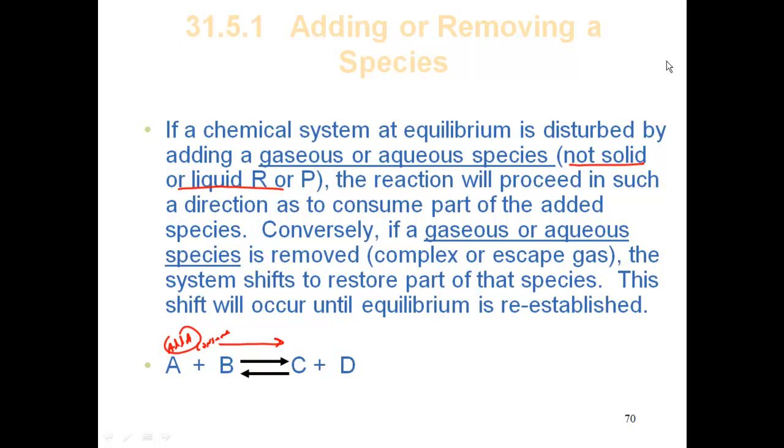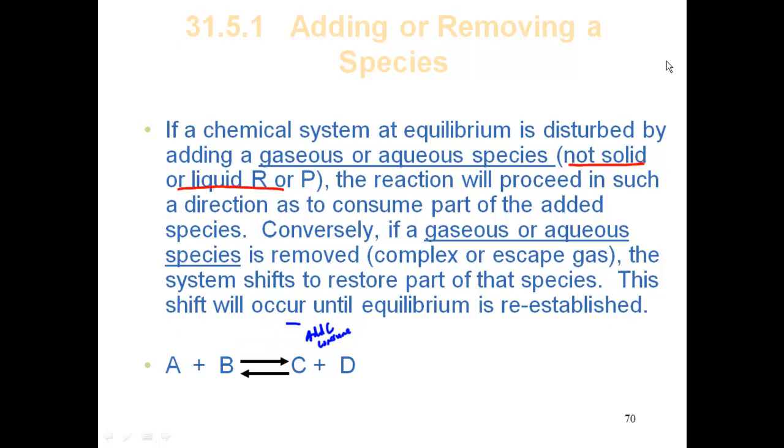Same thing if I add B. If this system is at equilibrium and I add B, I'm going to have to consume that B, produce more C and D, so it's going to shift to the right. If I add C or D, I'm at equilibrium and then I add some C, I want to consume it as well and produce more A and B, so I'm going to shift to the left. In essence, whatever side I added on, I'm going to shift to the opposite side.